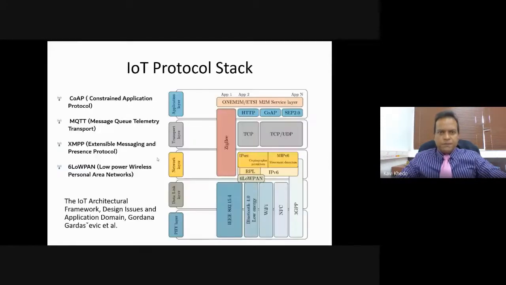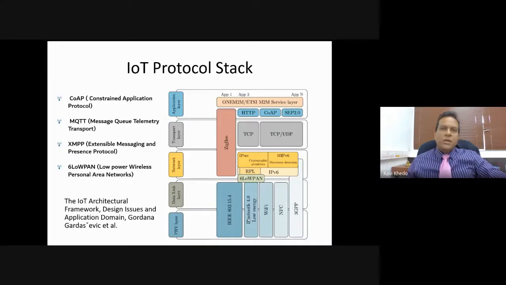Let me continue. You can see again here the IoT protocol stack. Below, on the lower level, is the physical layer. At the physical layer, what kind of technology are we using? Most often you will see here IEEE 802.15.4.